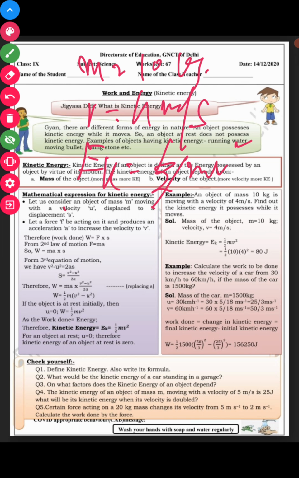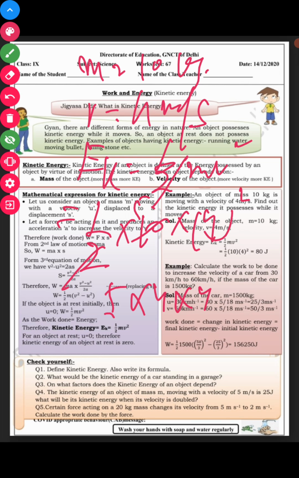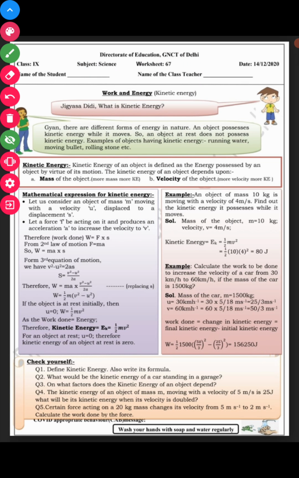We put the values: half into 10 into 4 square. We will get 80 joule if we multiply all these values. And the unit of energy is joule.